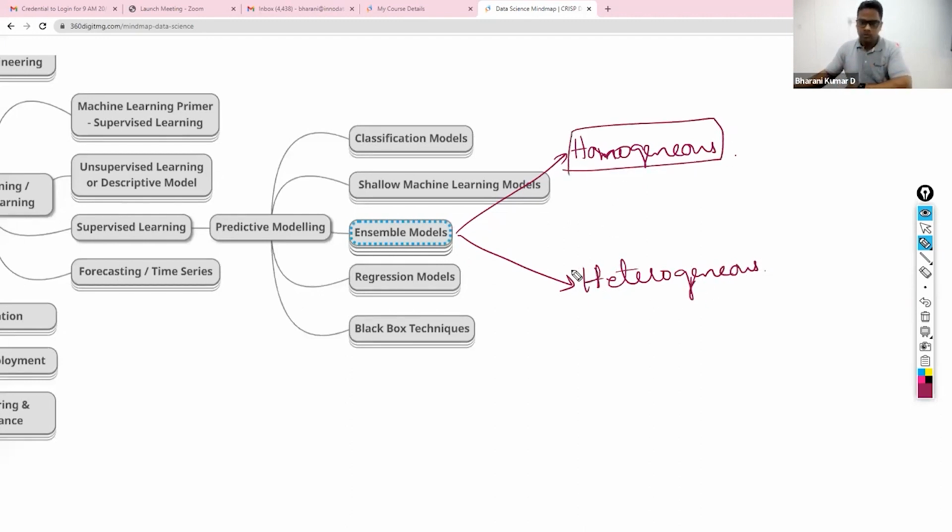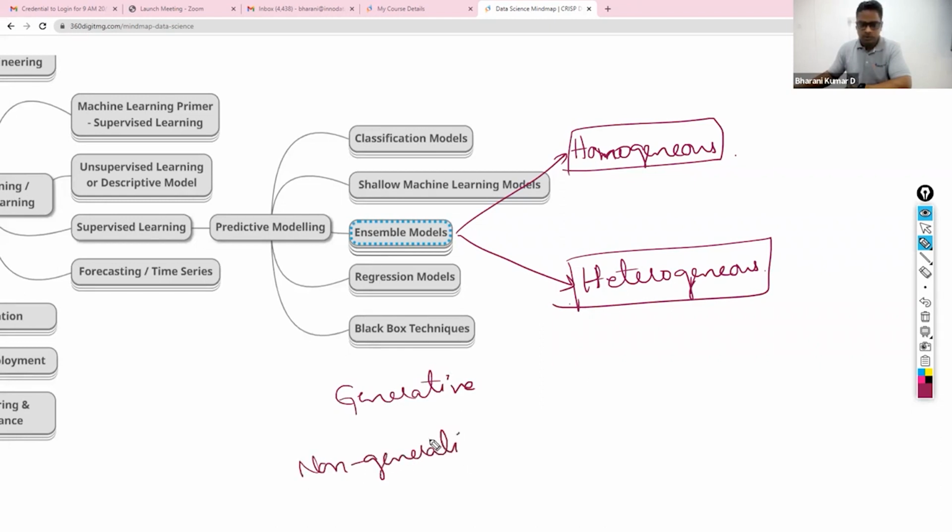And we also have generative versus non-generative. Generative means the results of one algorithm would move on to the next algorithm. Boosting, bagging, random forest.